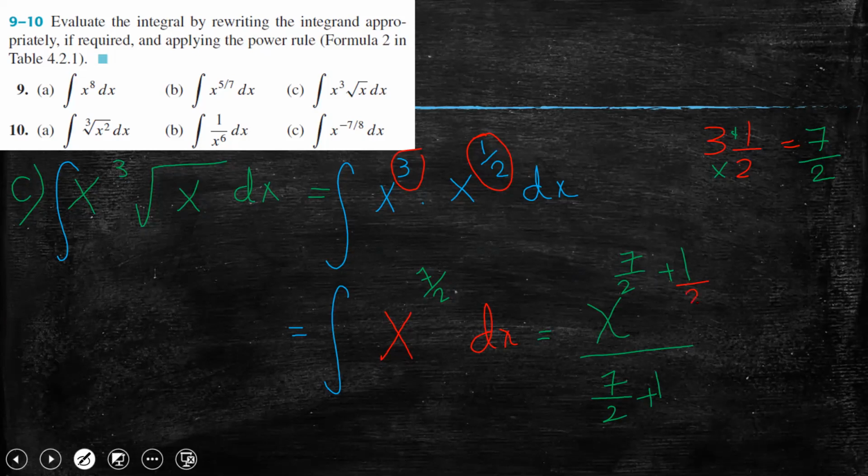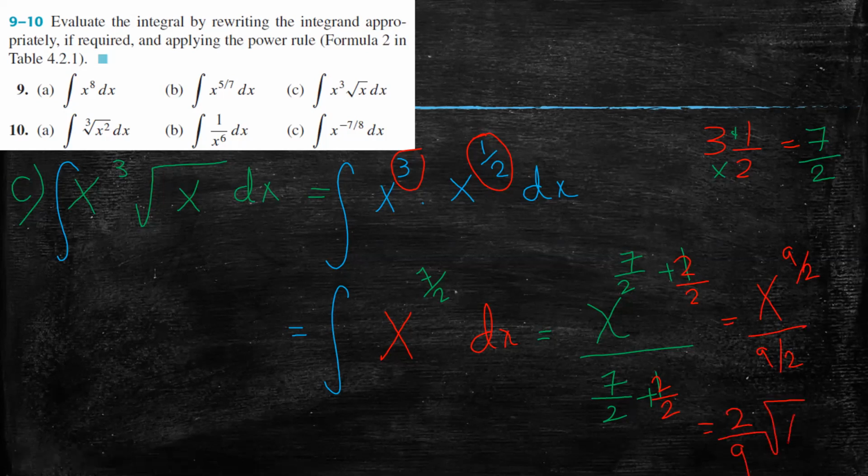It is 2. So since I multiply the numerator down by 2, I must multiply up by 2. Then I will add them, x to the power 9 over 2 over 9 over 2. So I can write it now as 2 over 9 square root of x to the power 9 plus c.